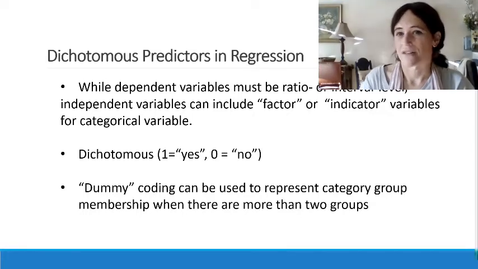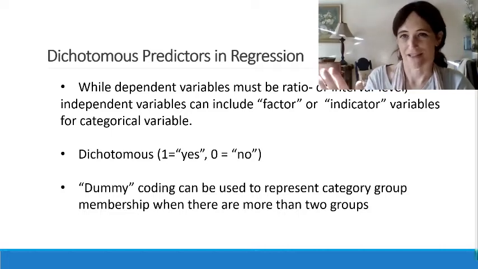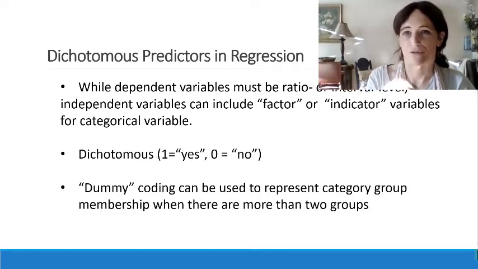So mathematically, there's nothing stopping us from including dichotomous measures in a linear regression model. Our interpretation of them is slightly different, however, in that we're going all the way on a scale from nothing to everything, from no to yes.